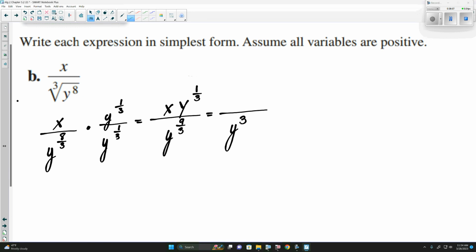They simplified out. But the numerator, we can rewrite this y to the 1/3 as a fraction or as a radical. Since the denominator of the fraction is 3, its root would be 3, and the exponent with y would be 1, or we can just write it as y.